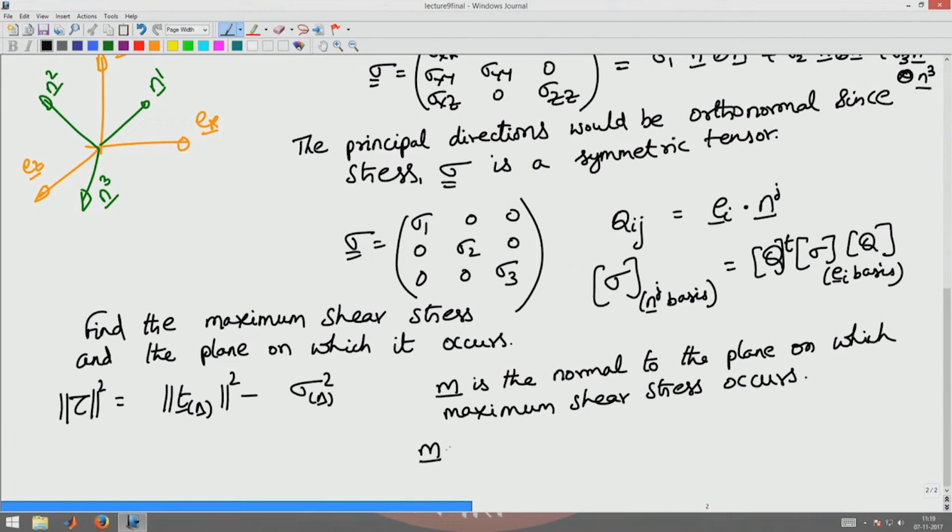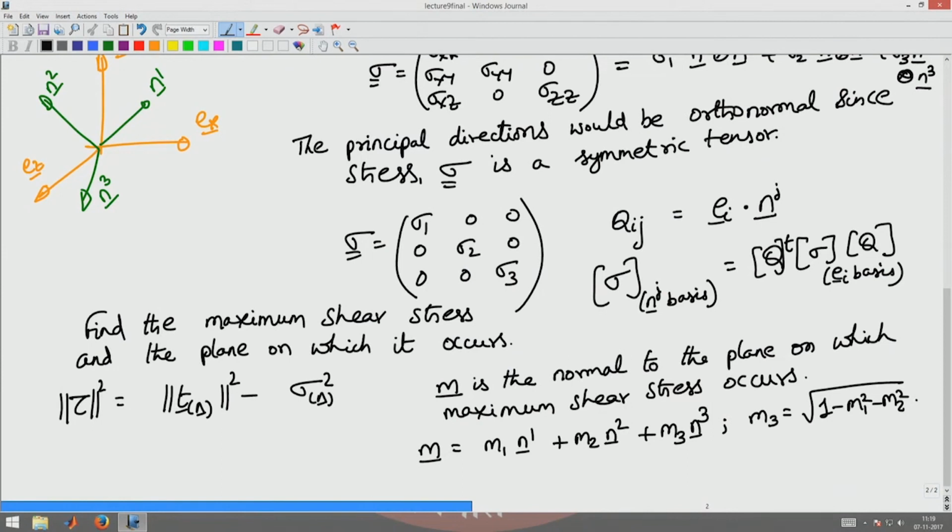And m is given by m1 n1 plus m2 n2 plus m3 n3, such that m3 is the square root of 1 minus m1 square minus m2 square.